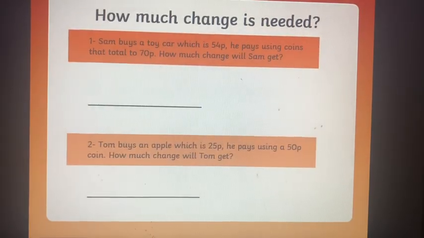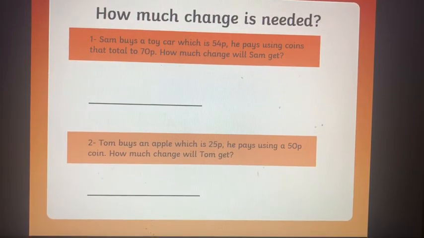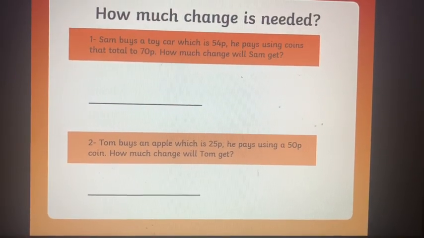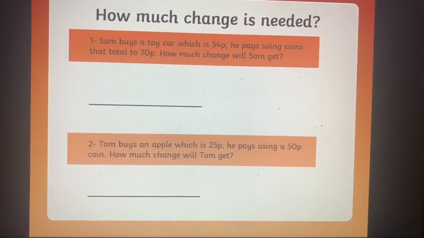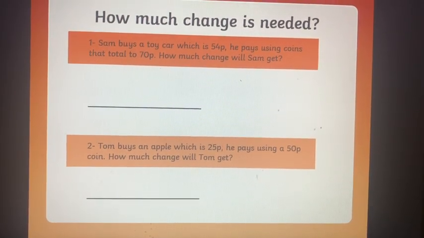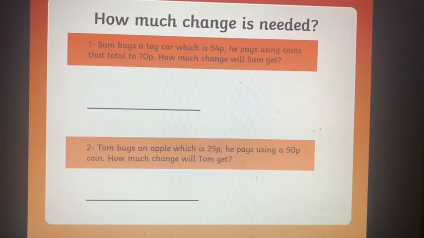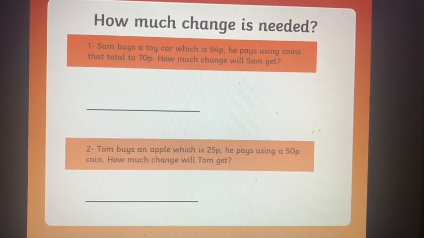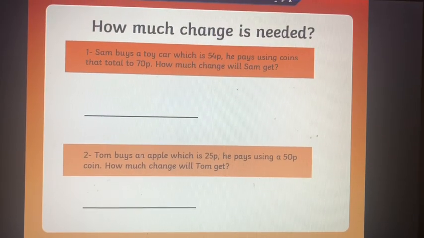So I'm now going to show you another example, but this time I'm going to start with the amount 54p. So the question is, Sam buys a toy car which is 54p and he pays for that car using coins that total 70p. So I need to work out how much change Sam will get.